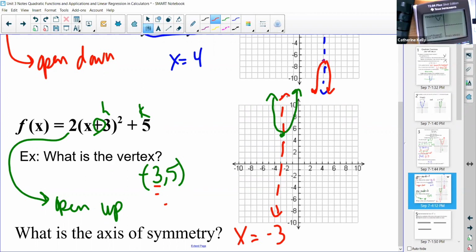So I'm going to go to where x is negative 1, 2, see it up here now, 3. I'm looking at this right here. So now that that's on that side, I'm going to push enter, and then I'm going to drag it to the right side. Press enter, and then it says guess between those two. Yes, please. And there's our point, negative 3, 5. So we get it right.